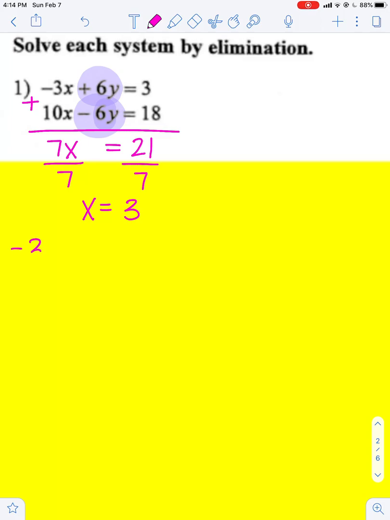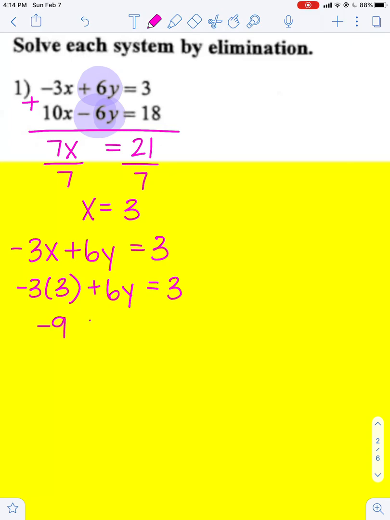Now I'm going to use -3x plus 6y is equal to 3 to solve for y. So I'm going to go ahead and take -3 times +3, since we found that for x, plus 6y. And that's going to give me -9 plus 6y is equal to 3.